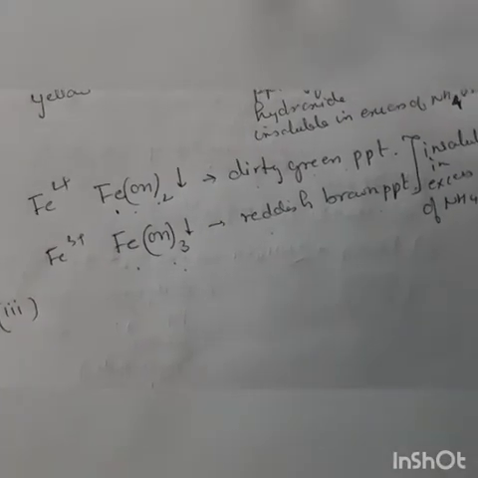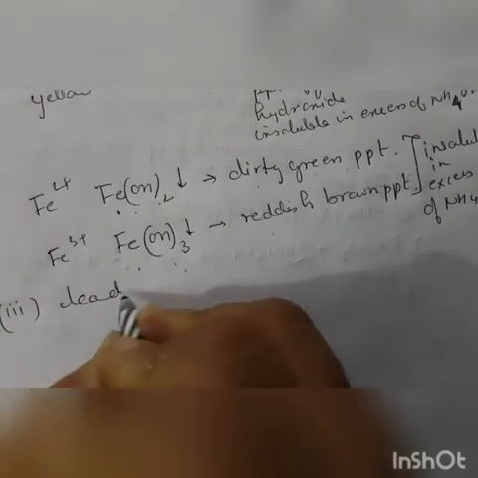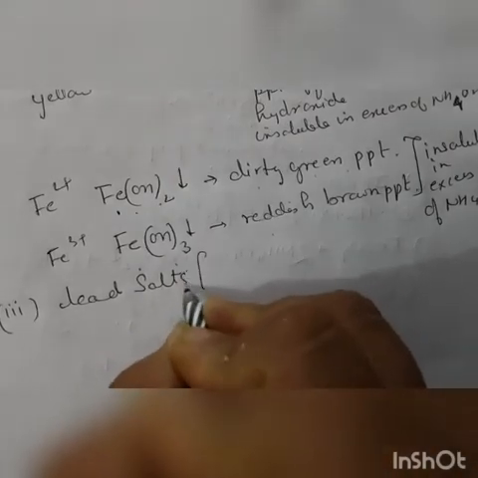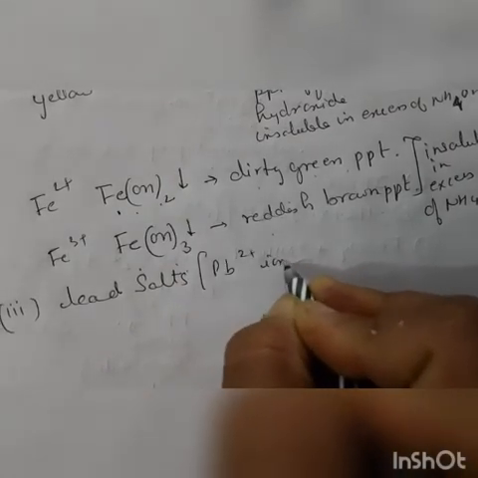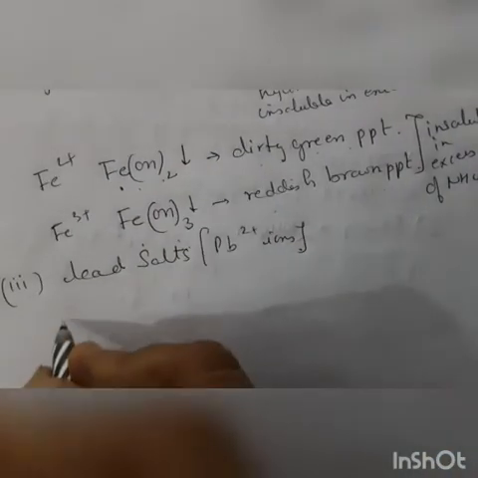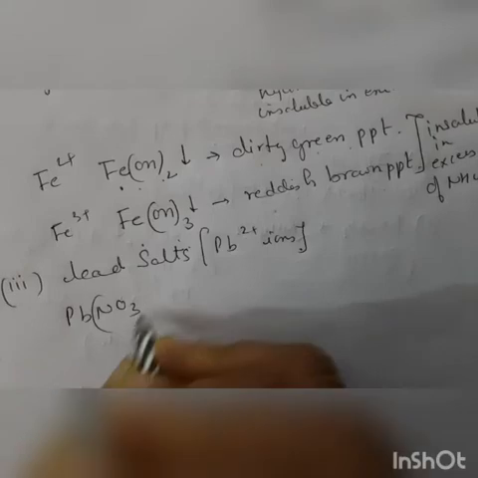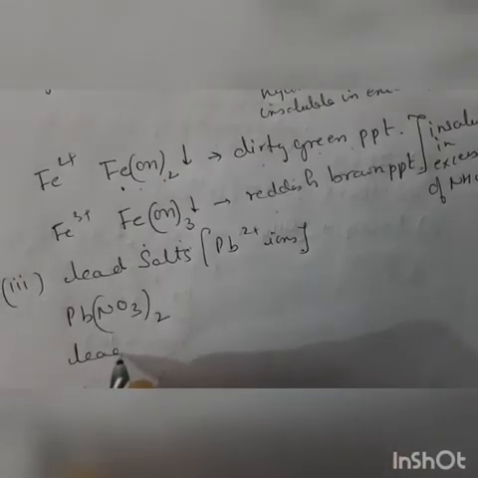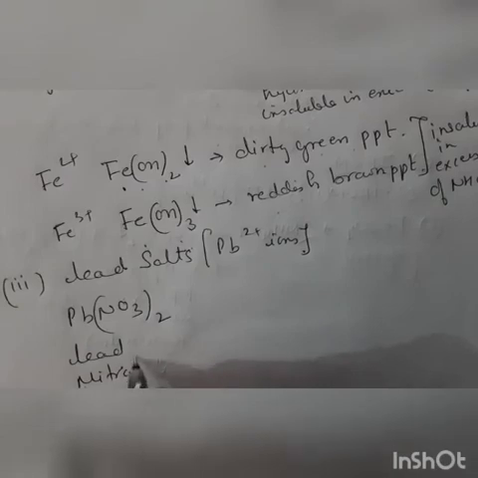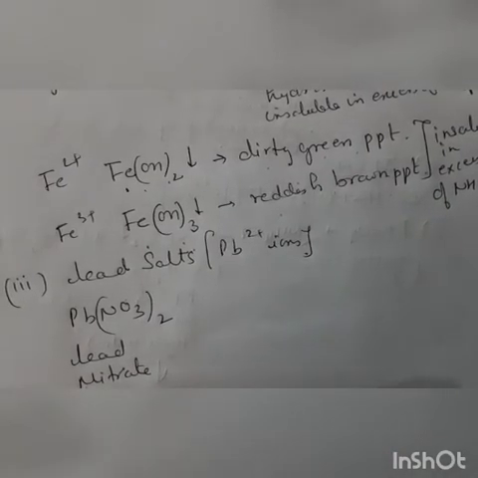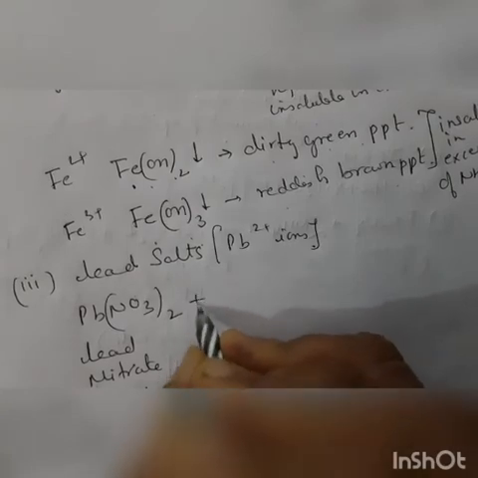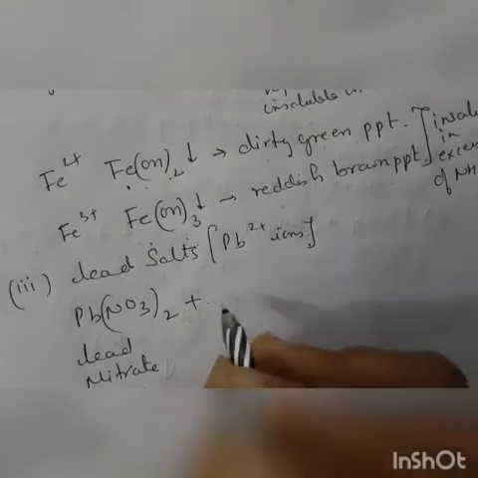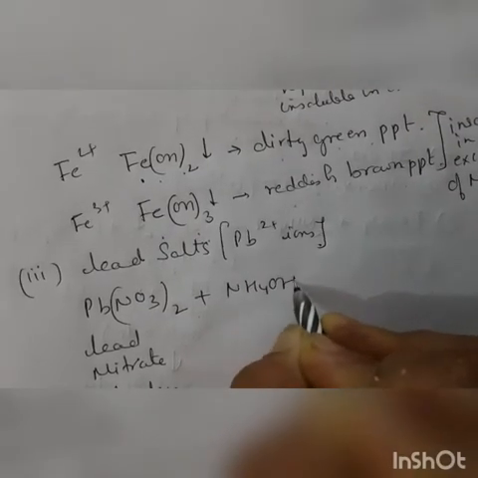Now third, we will take lead salt. Now we will take lead nitrate. Lead nitrate is colorless. In addition to it, we will take ammonium hydroxide.